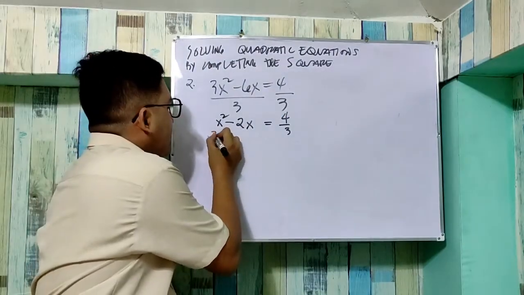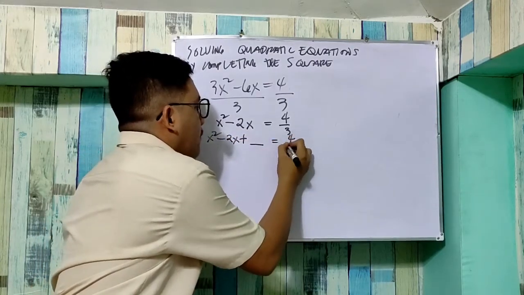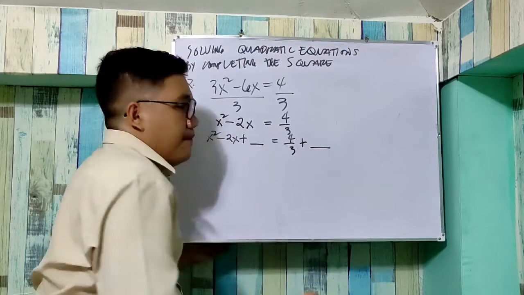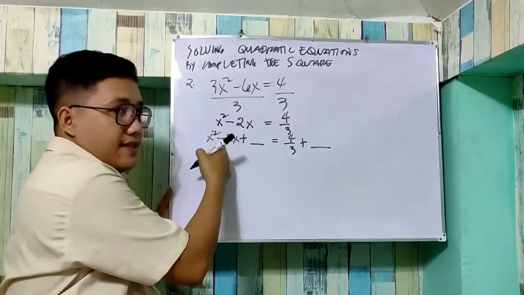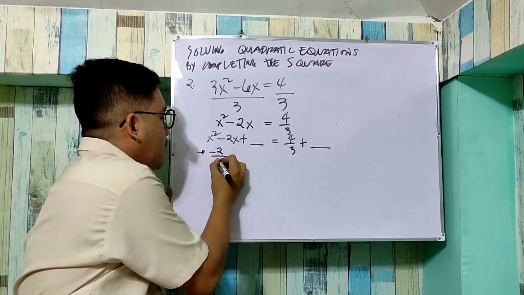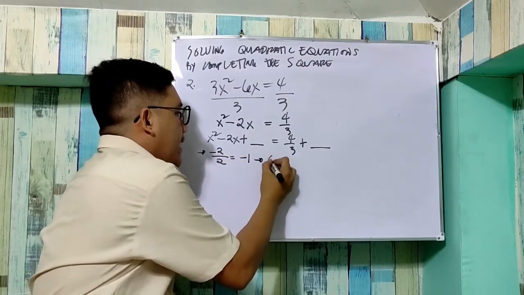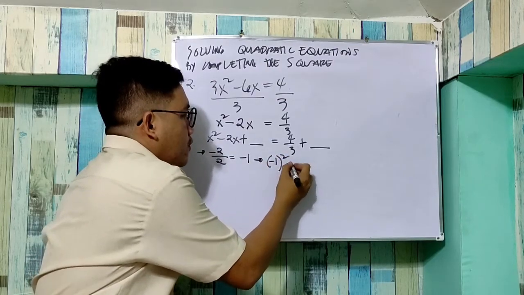So, we have here x squared minus 2x plus blank is equal to 4 over 3 plus blank. Okay, get the coefficient of the middle term, which is negative 2, divided by 2, that is negative 1. Negative 1 raised to 2.